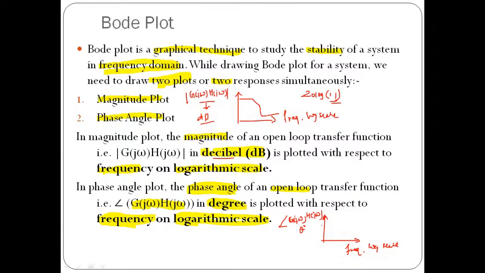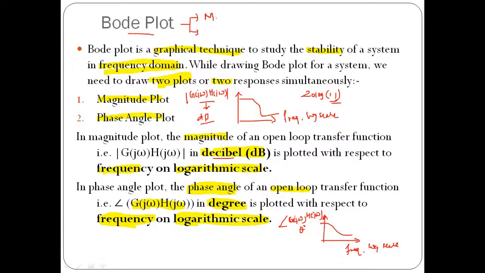Whatever graph we get as output will be your phase angle plot. That is important. So ultimately, to draw the Bode plot, we need to draw two plots simultaneously.